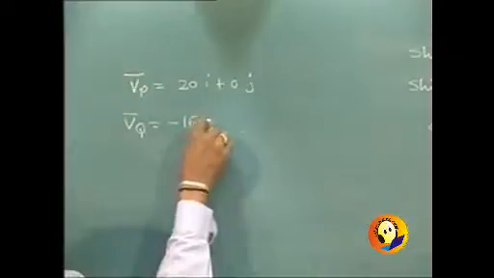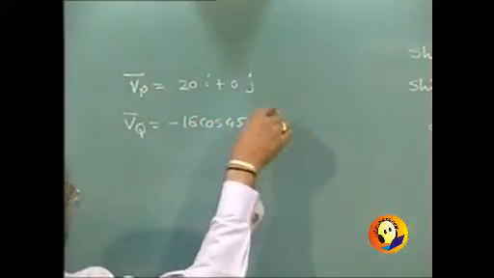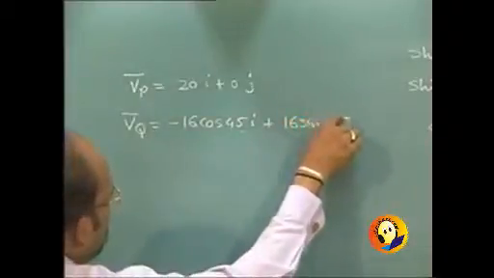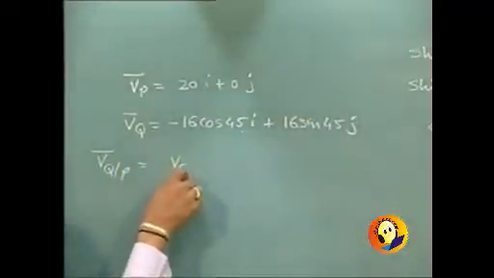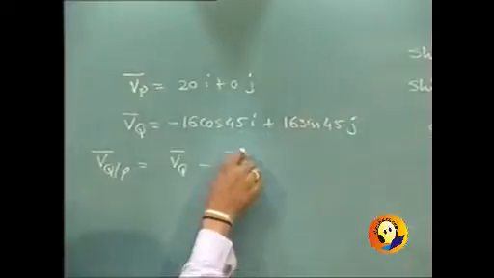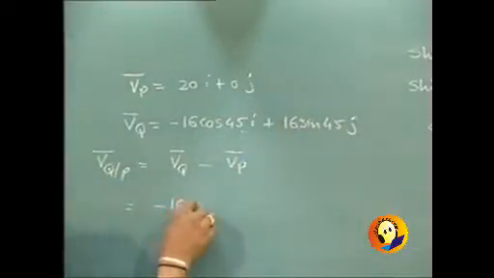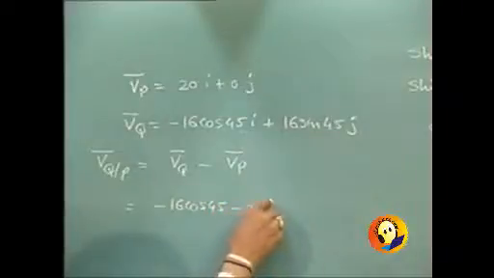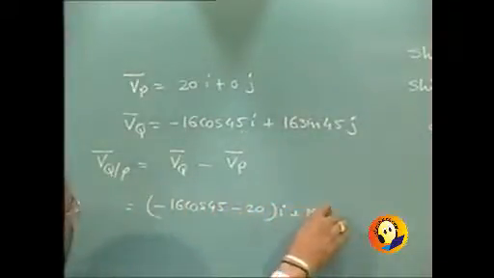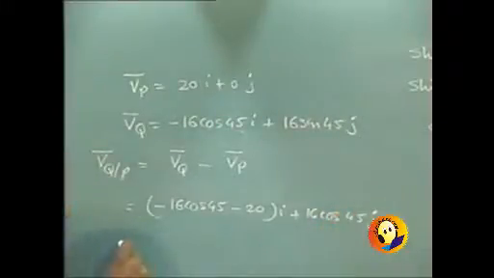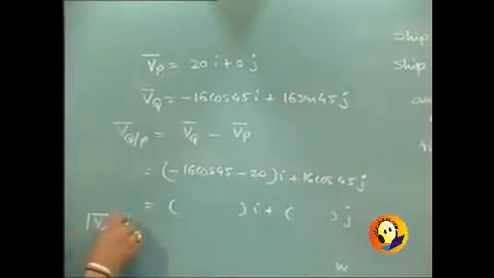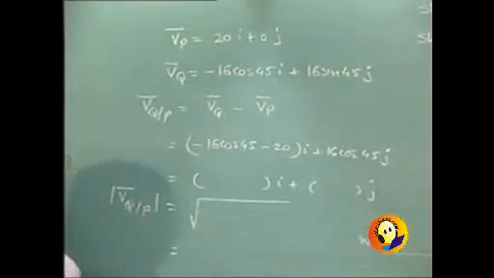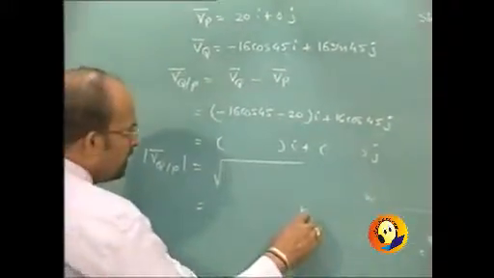So minus 16 cos 45 I plus 16 sin 45 J. And so velocity of Q with respect to P will be VQ bar minus VP bar, and it will come out to be minus 16 cos 45 minus 20 I plus 16 cos 45 J. And then of course the answer can be written through the calculations, and you can even determine the magnitude of velocity of Q with respect to P. And this answer is again going to be in kilometers per hour.